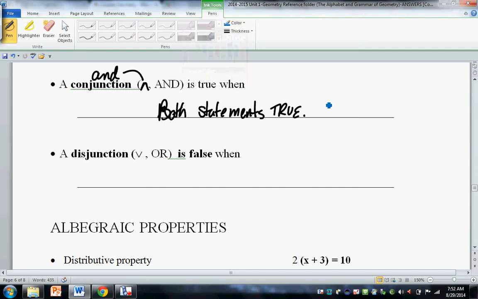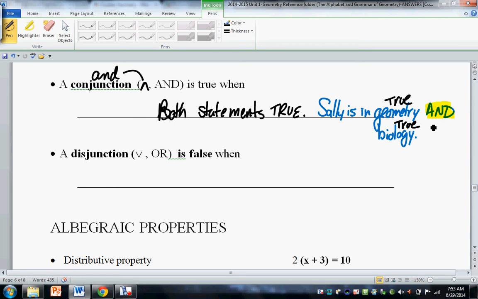So if I write something like this, Sally is in geometry and biology, this and statement is only going to be true if Sally is actually in both geometry and biology. That's for a conjunction or an and statement.